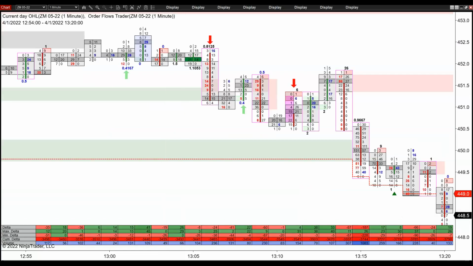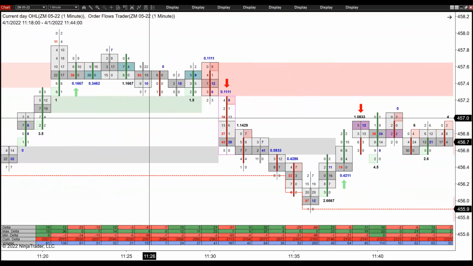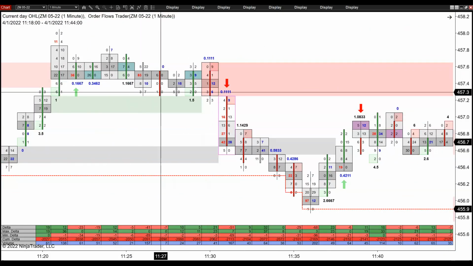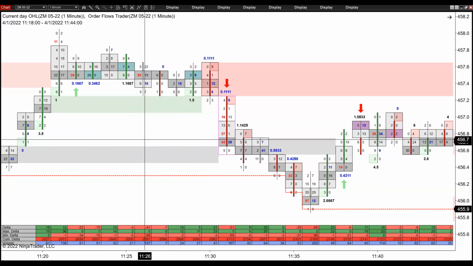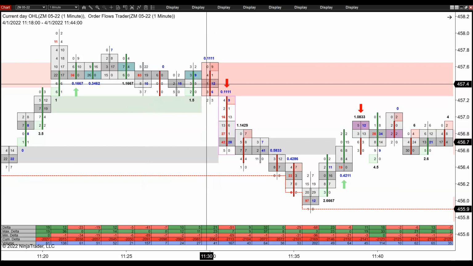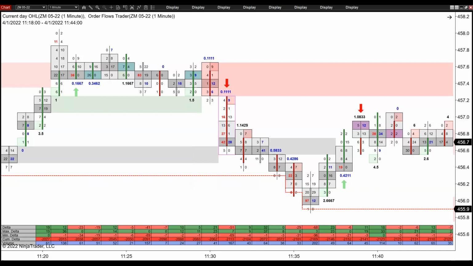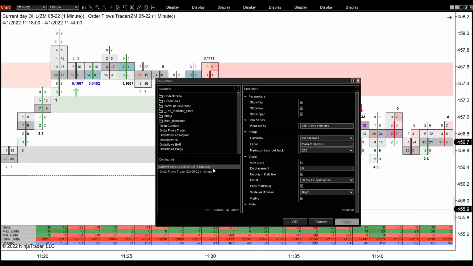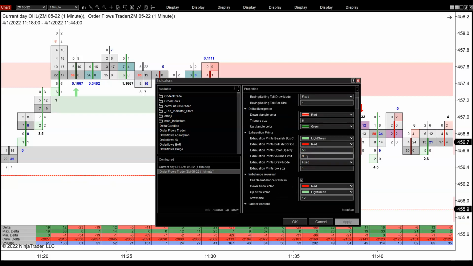Okay, so this is a 1 minute chart from Friday. You're seeing some bars with smaller volumes, right? 7, then the next bar is 157. So you're probably going to want to make some changes. One of the things I've been doing with soy meal, go here, is I'm not going to use an exhaustion print of 9 because the volume is lighter.